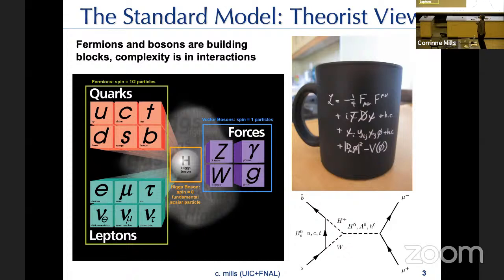We have the force carriers that are the gauge bosons. You can write down a Lagrangian on a coffee cup. The experimentalist's view is that it is very straightforward. If you want to do a calculation, we run a numerical calculation and a Monte Carlo simulation for how things look at a detector. And the world is just full of nice Feynman diagrams. Again, I say a little bit tongue-in-cheek.